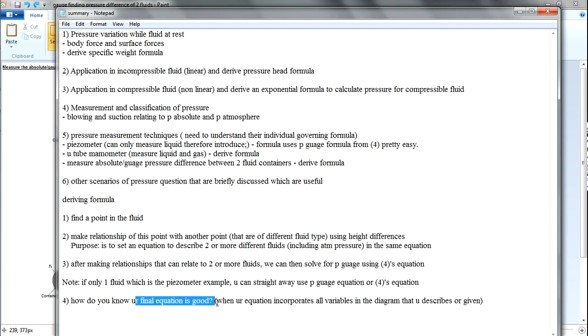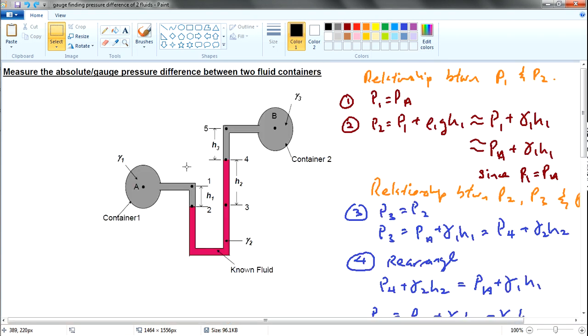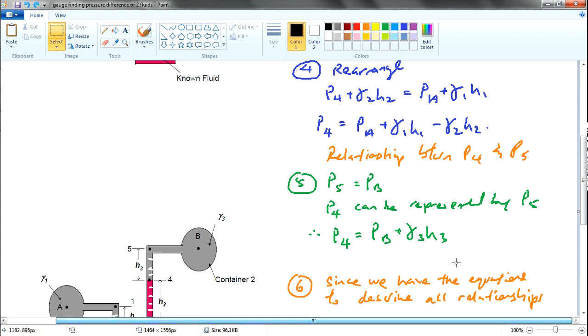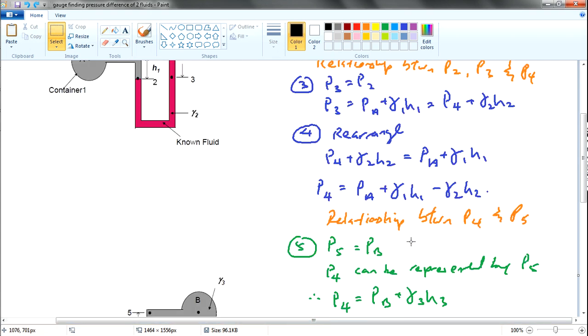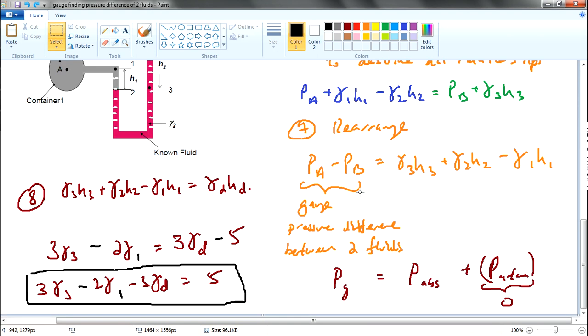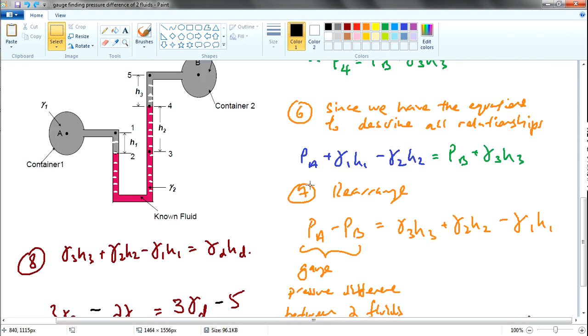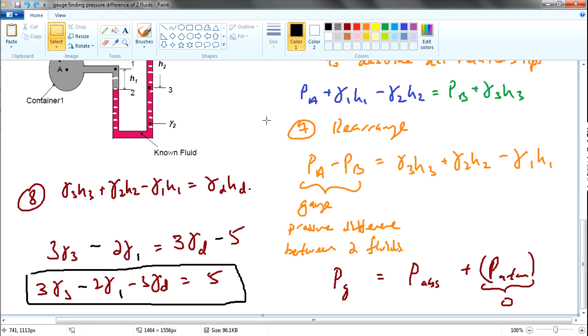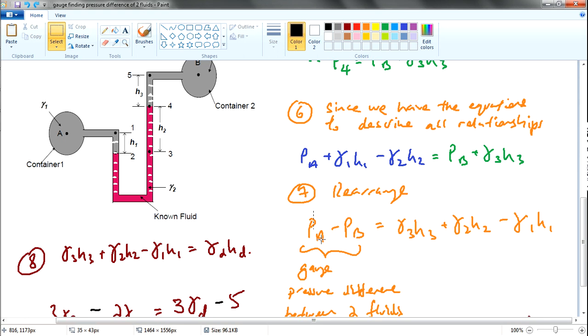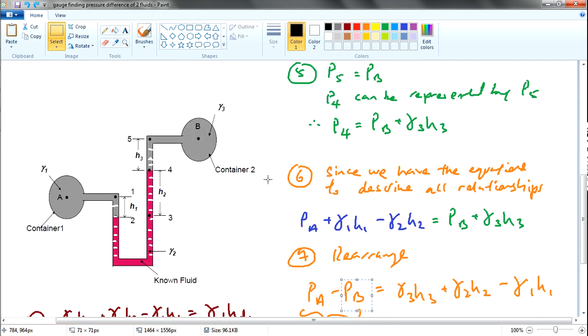In order to know whether your final equation is good, you have to make sure your equation incorporates all of the points. Once you see that your equations contain all of the points, let's say for example, in this case, we contain point 3, point 2, and point 1, then you know that although it's not in terms of P5, PA is actually point 1, PB is point 5.